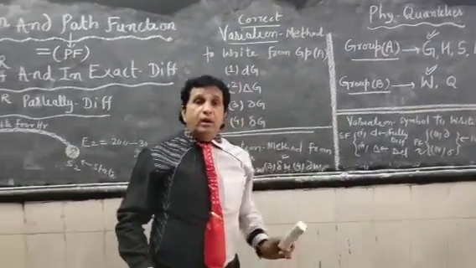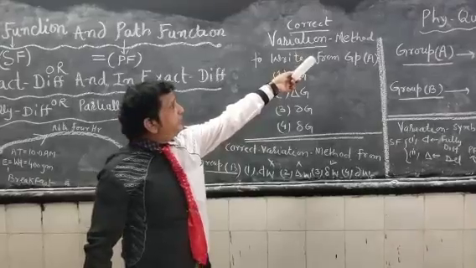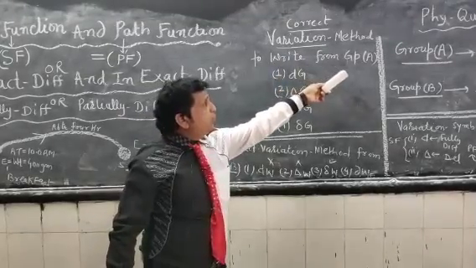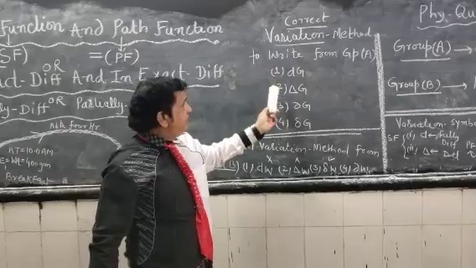Now, what would be the correct variation method to write for group A? First one, dG.